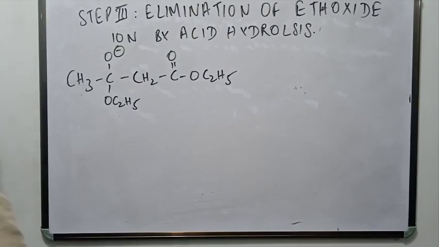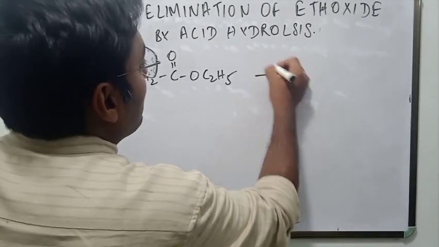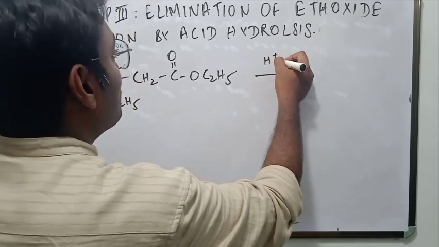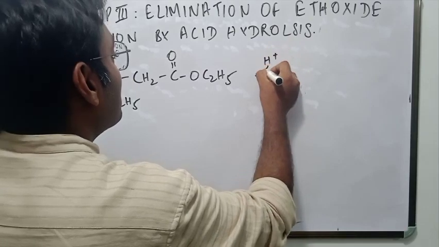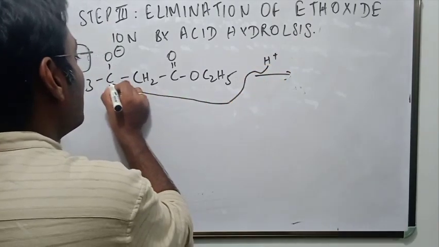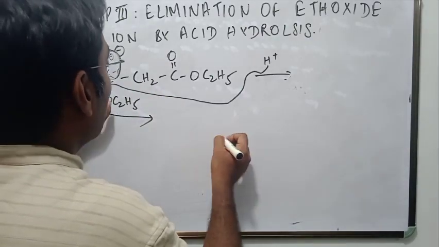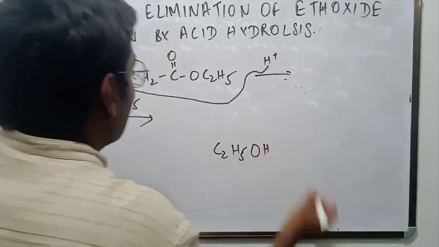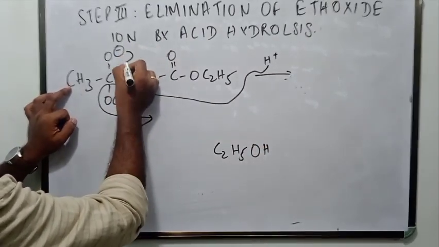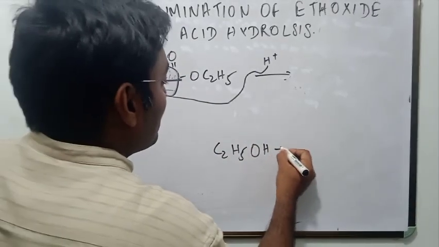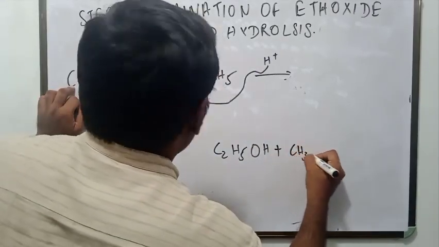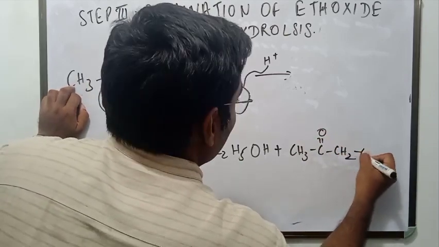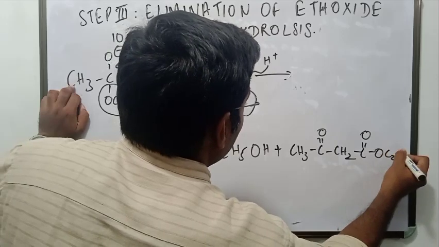And now just react it with an acid, acid hydrolysis, and what the acid would do is take C2H5OH with its pair of electrons. So you get C2H5OH, right? And this automatically comes here, and what you get is our product, beta keto ester. That's a beta keto ester.